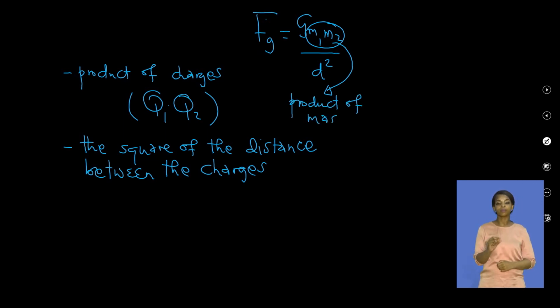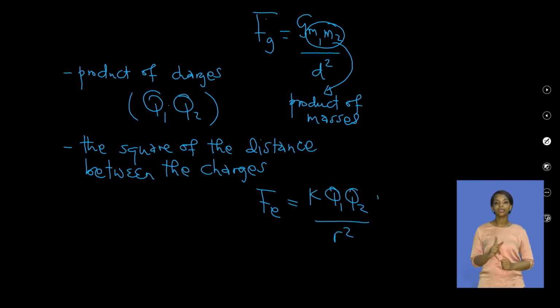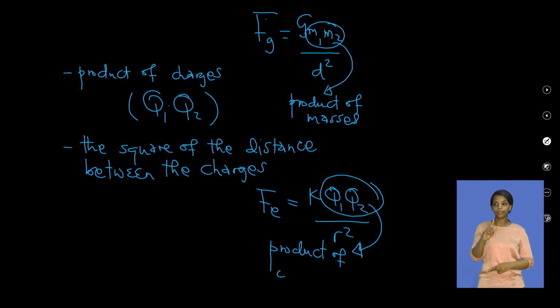It's never about the charges, while on the other hand, if we talk about the electrostatic force, it's K Q1 Q2 over r squared. So this is the product of the charges.